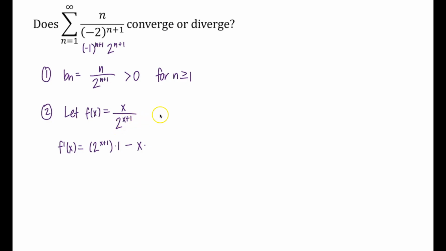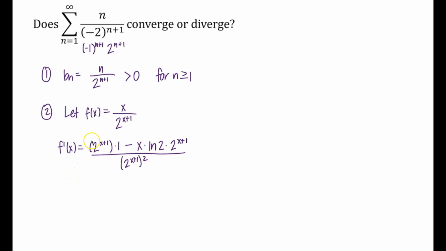The derivative of 2 to the x plus 1 is natural log of 2 times 2 to the x plus 1. And then technically the chain rule, the derivative of the inside is 1, so that's not really going to change anything here. And then all over the bottom squared, 2 to the x plus 1 all squared.